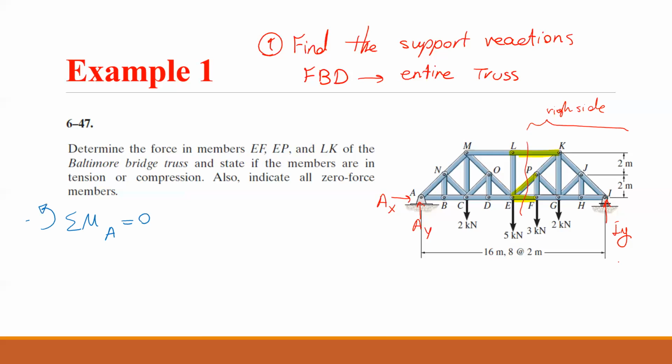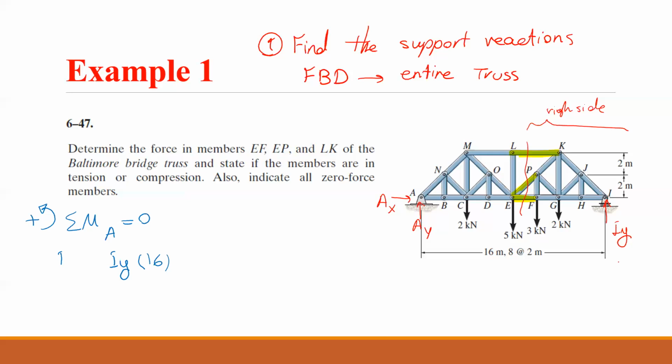Let's say counterclockwise is positive. So IY multiplied by the distance, which is 16 meters, makes a counterclockwise moment, so it's positive.